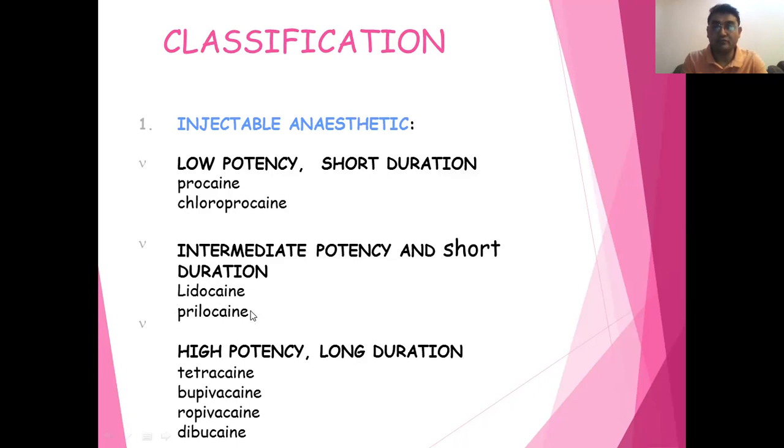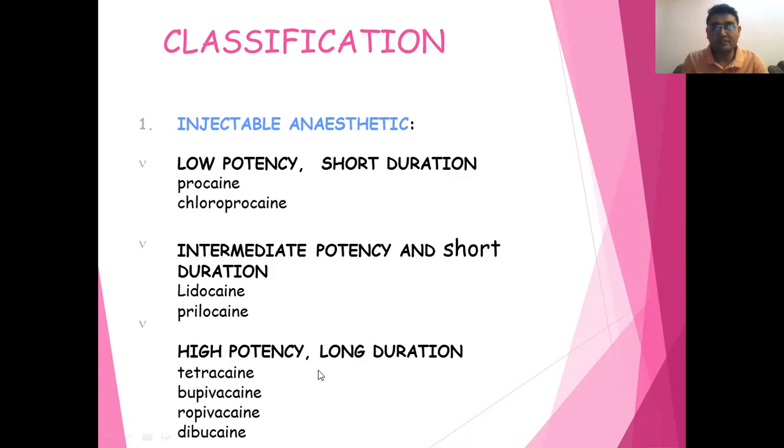So if your procedure is not so short or not so long, then you can use these drugs, lidocaine or prilocaine. If your procedure is very short, for example, inserting an NG tube or endotracheal tube, you can use this agent.